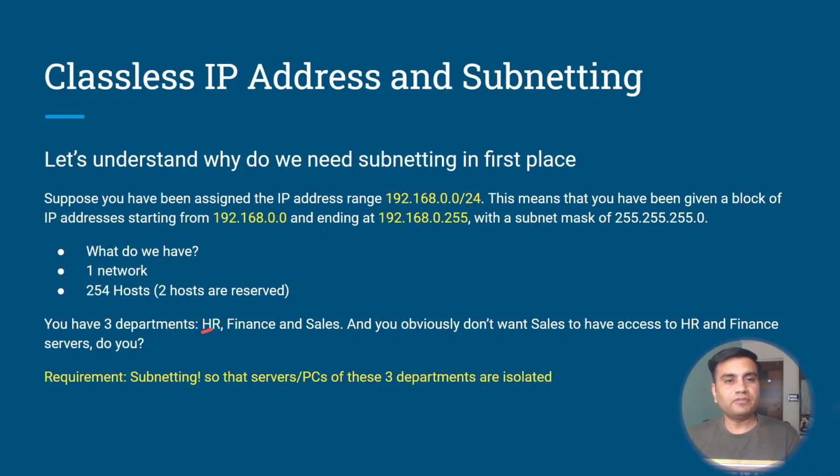Life has HR, finance and sales departments. If you put the sales department guy in the same network as finance or HR, this guy will do a lot of things on their computers, probably, if he is smart enough, right? Why give that chance? I want to isolate them. I don't want sales to have access to finance and HR computers.